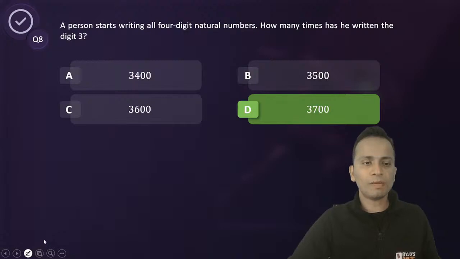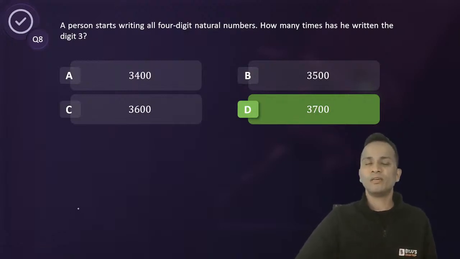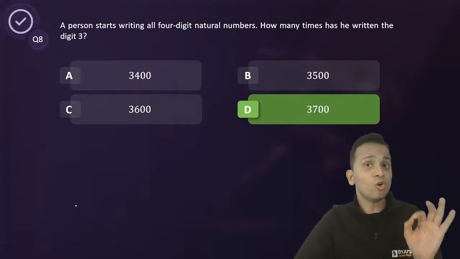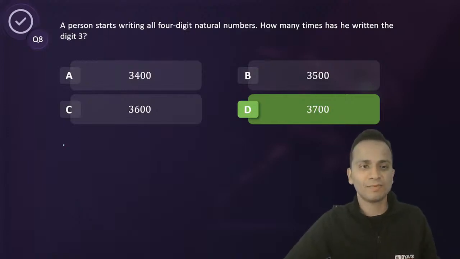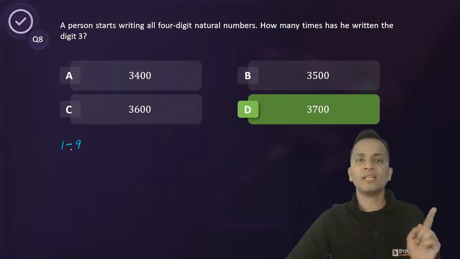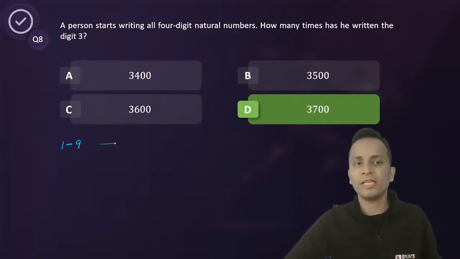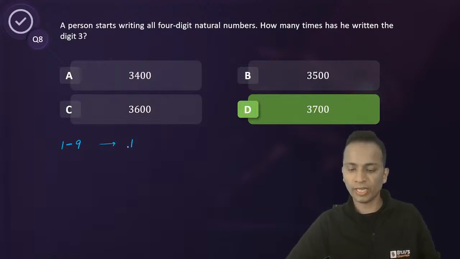Now to apply this way, you will have to learn a few things and also understand a pattern. I will write all the numbers starting from 1 up till 9. Then every digit is repeated once. Just keep noting it down.